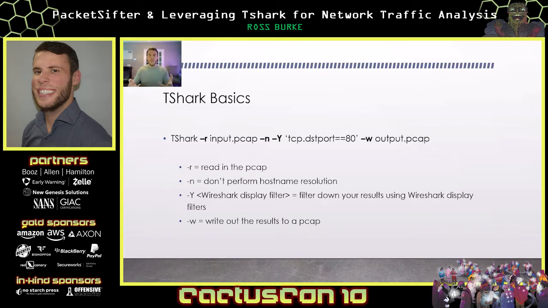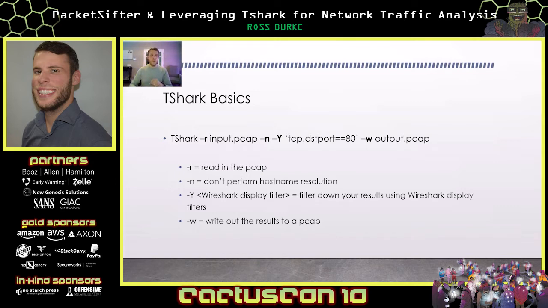You don't want to tip off the attacker that you're investigating them. You don't want DNS queries to beacon out because TShark and Wireshark are trying to resolve host names within your pcap. To be more subtle, you turn off hostname resolution, or you just cut off internet access on the VM you're using to analyze the pcap. There are several options, but that's a good one that I always put in there.